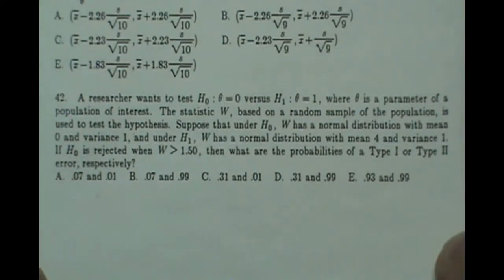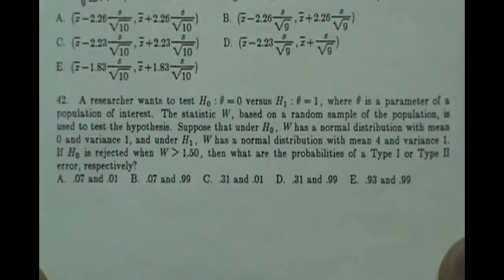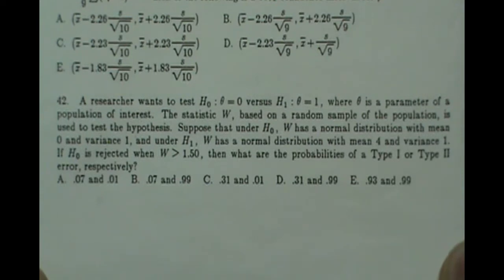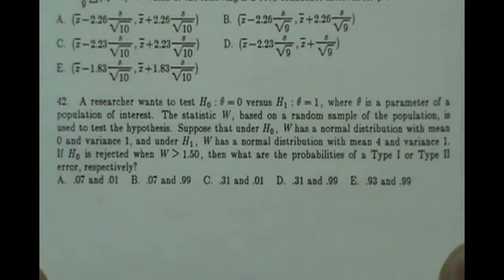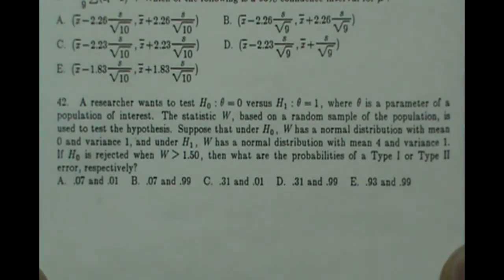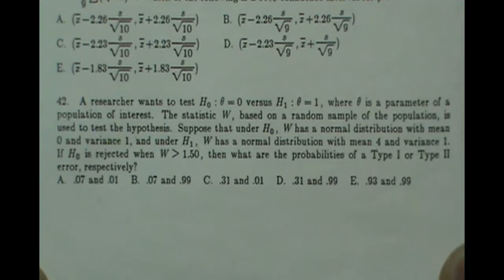Number 42. A researcher wants to test the null hypothesis that theta is equal to 0 versus the alternative hypothesis that theta is equal to 1, where theta is a parameter of the population of interest. The statistic W, based on a random sample of the population, is used to test the hypothesis.